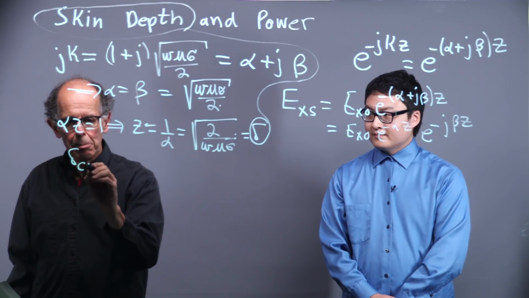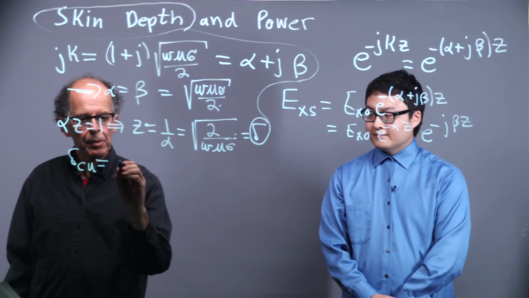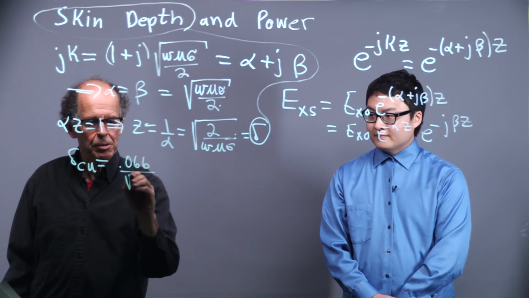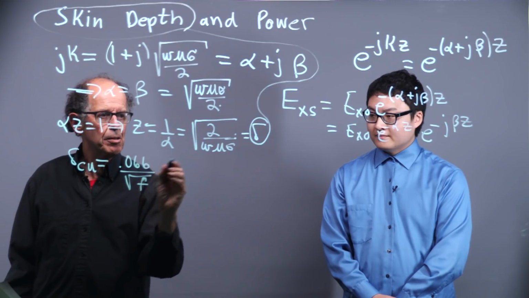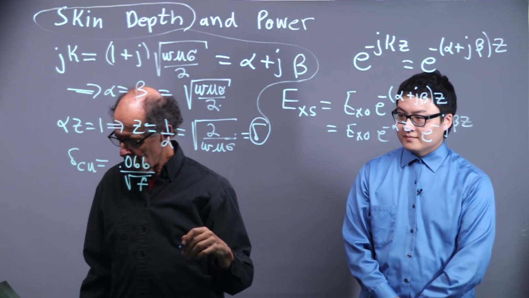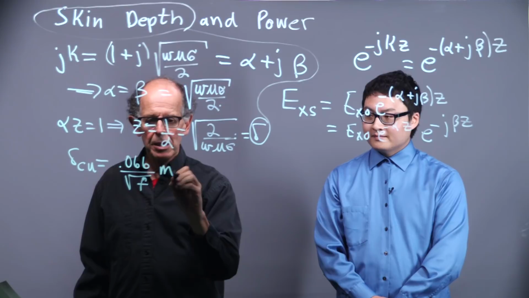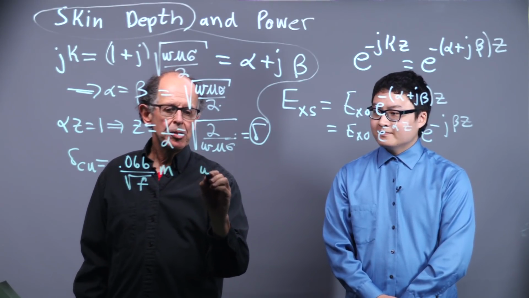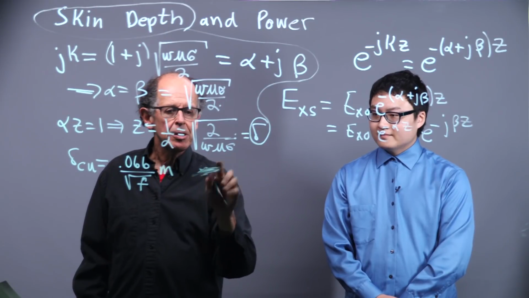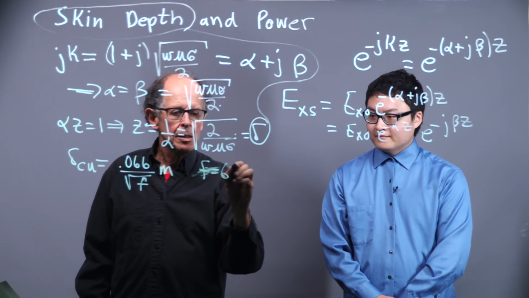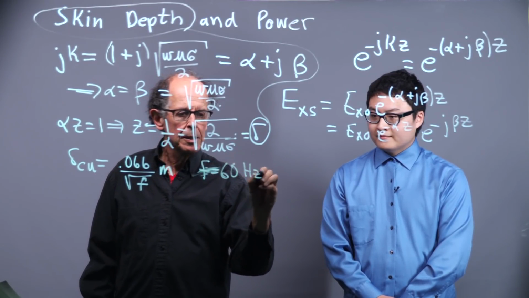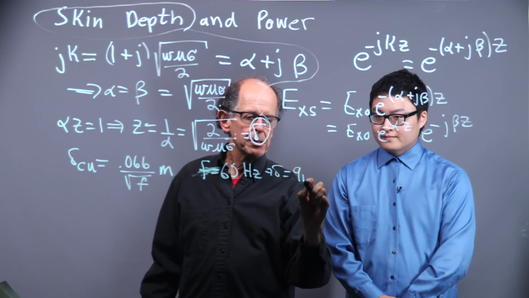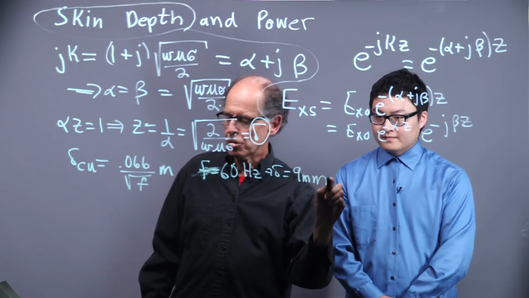Delta of copper is equal to 0.066 over the square root of the frequency, after you do all the algebra with the sigma and the mu, and that's in meters. When f is 60 hertz, delta is about 9 millimeters, which is really small.